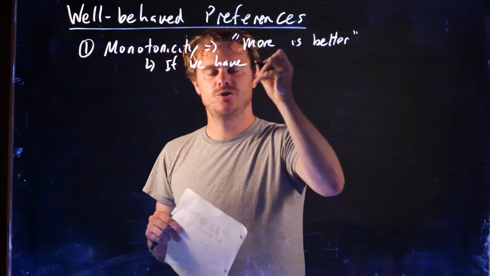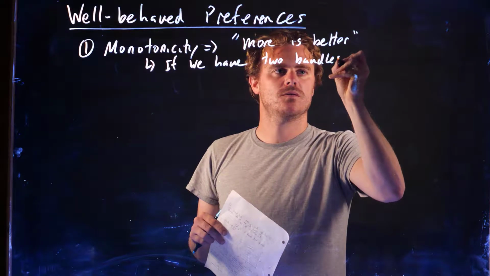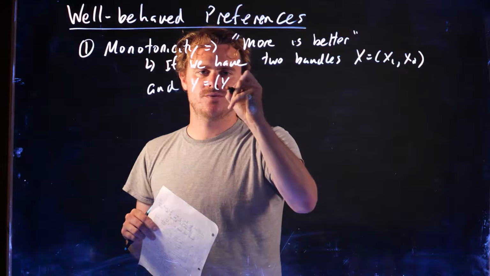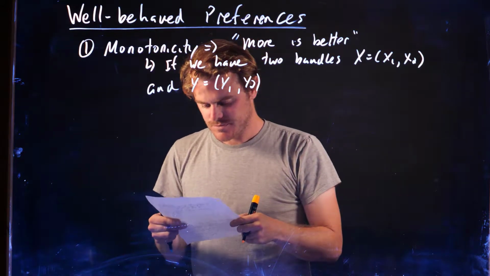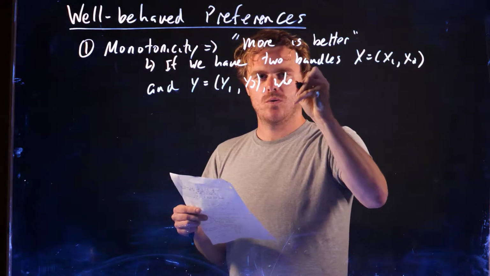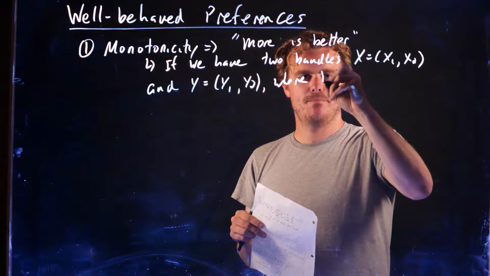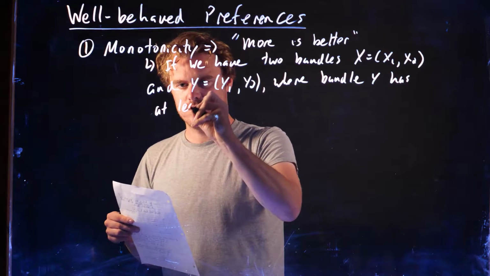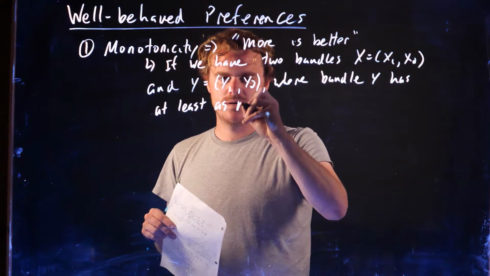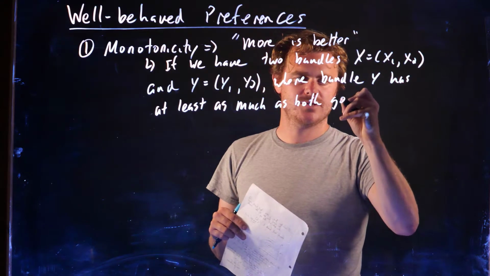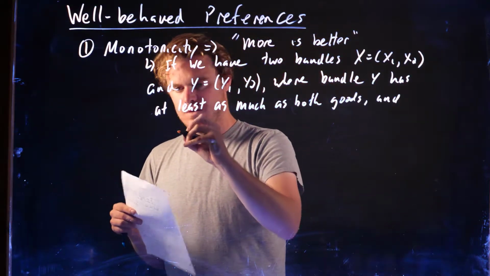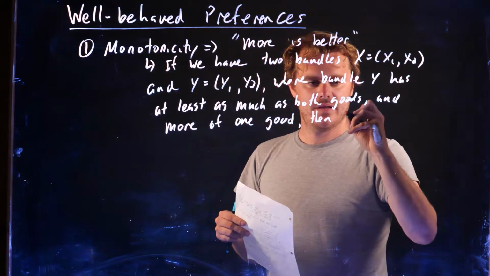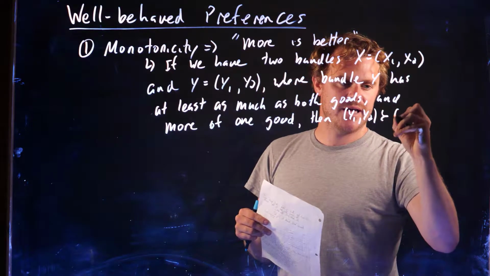If we have two bundles, x, which is some amount x1 of good 1 and x2 of good 2, and y, which is y1 amount of good 1 and y2 amount of good 2, where bundle y has at least as much of both goods, and more of one, then we strictly prefer bundle y to bundle x.